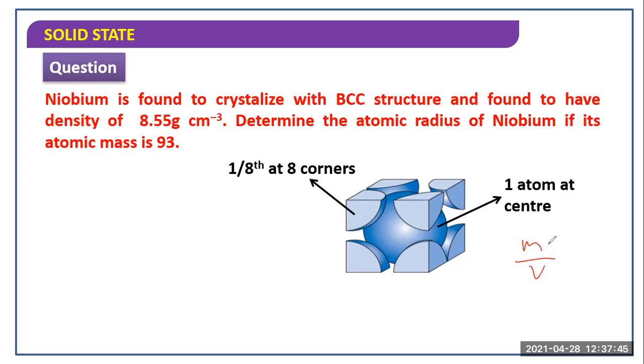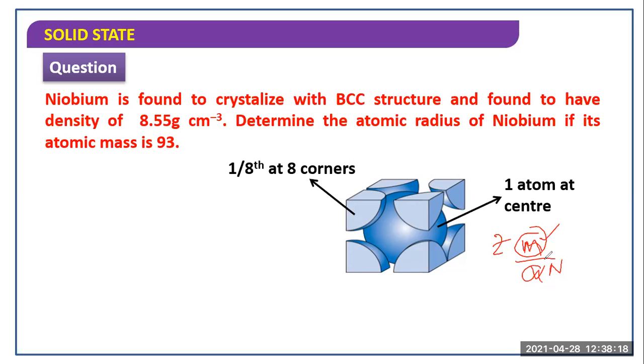And mass for what? If there is one atom, then atomic weight divided by Avogadro number is the mass of one atom. And if there are Z atoms, then Z into M divided by N, divided by volume.